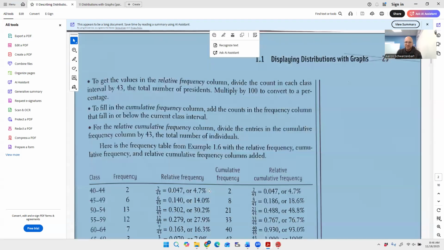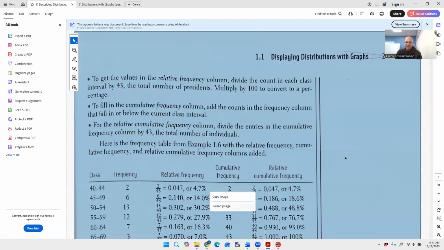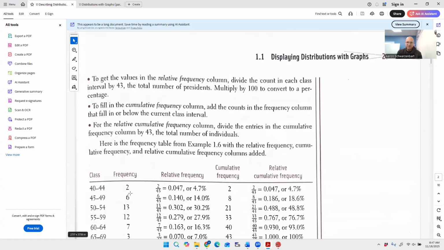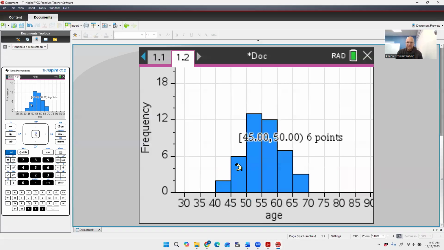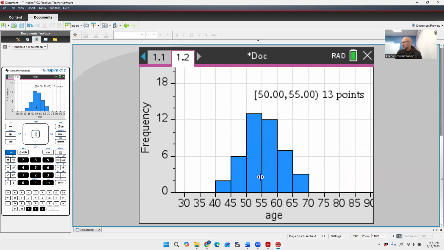But if you're looking at it from the graph's perspective, you get a frequency of 2 in the 40 to 44 column. You get a frequency of 6 in the 45 to 50 column, which is really 45 to 49, right? Because 50 goes to the next column. That makes sense. But if you're 49 in 363 days, you're 49.